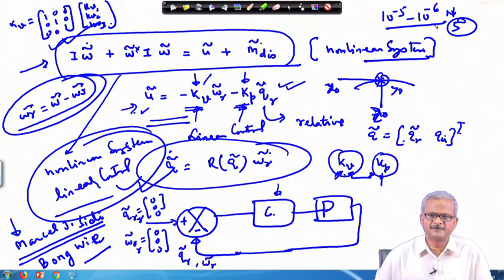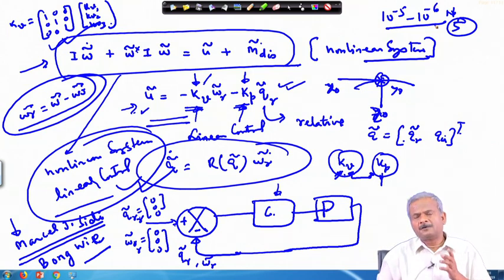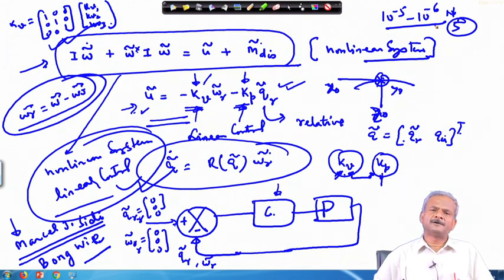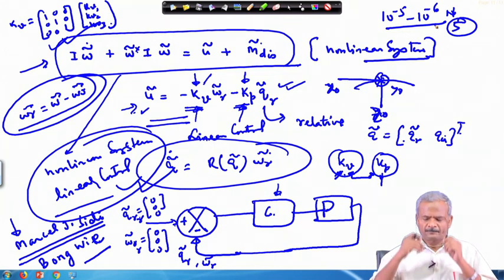For the larger thruster, of course, in the case of the rocket, depending on the size of the rocket, the thrust is enormously large, because it has to lift thousands of tons of the weight of the rocket and the satellite.